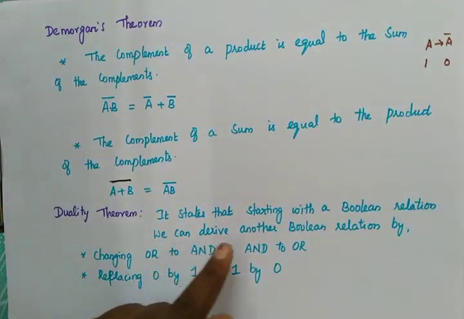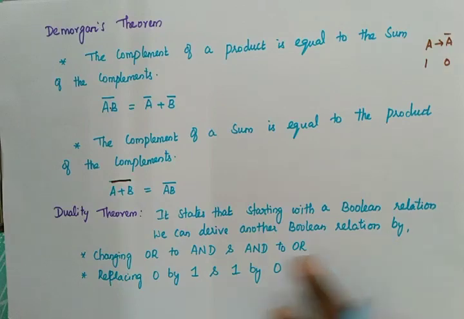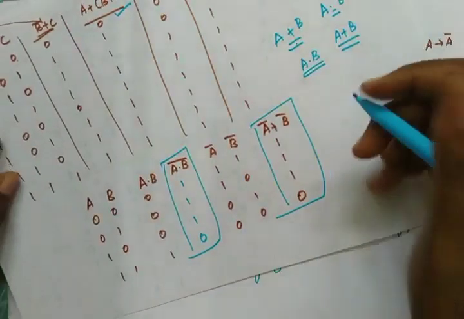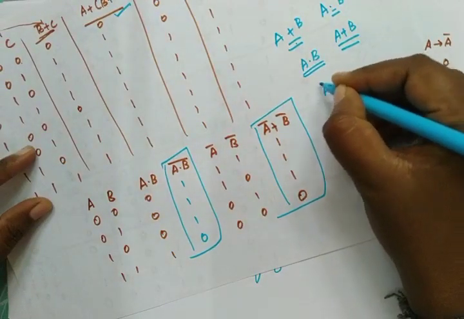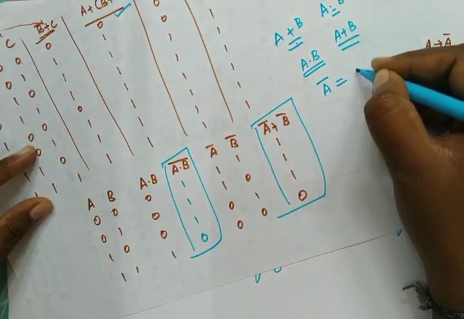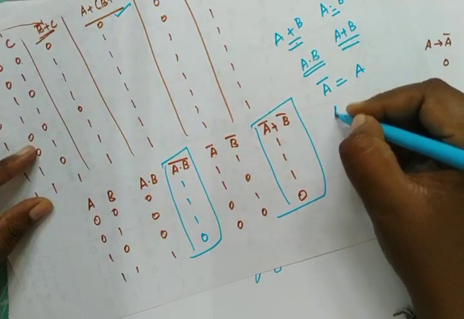So it states that starting with a Boolean relation, we can derive another Boolean relation by changing OR to AND, and vice versa, AND to OR. And also by replacing 0 by 1 and 1 by 0. So what is the 0? A bar represents 0. So we can write this as A. Here A represents 1.